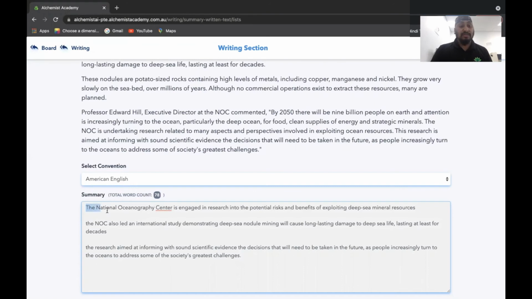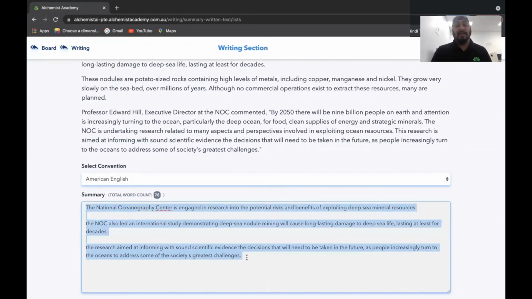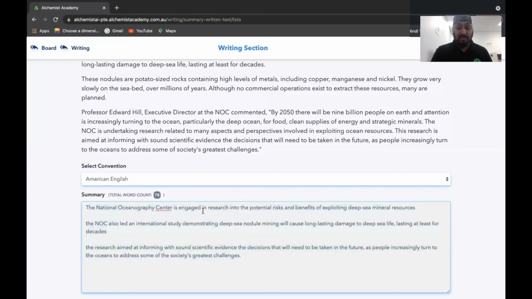our word count is 78 already, and I haven't even combined the summary as yet. So definitely we will need to cut through something and see how can we go into this. Okay, so let's have a look. The National Oceanography Center is engaged in research into the potential research and benefits of exploiting the deep sea mineral resources.